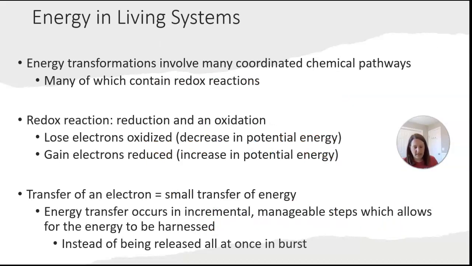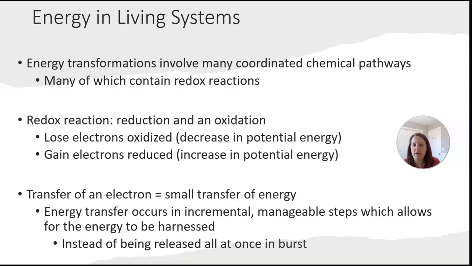So at the end of this part of our talk, I want to mention NADH. I need to mention it because in photosynthesis and in cellular respiration, we are going to be talking about energy transformations and ATP being produced or used. All of these are coordinated chemical pathways, and they involve redox reactions.